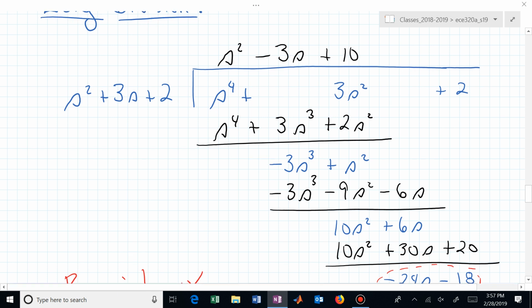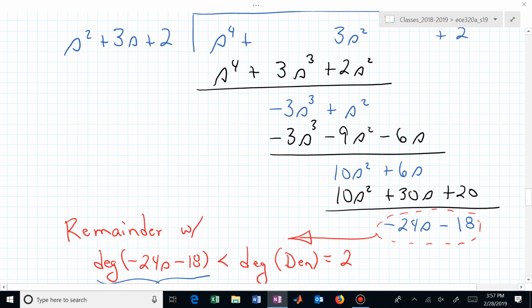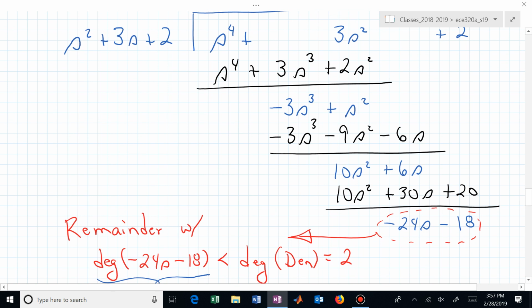I was really just giving you guys time to catch up. I could have scrolled through this really quickly, but I'm allowing you now time to write. Now we end up with our remainder, and we can compare its power or order, which is first order, to our denominator's power, which is second order, and now we can stop this process of long division. Now we can say, we have the terms we need plus the remainder that we're still going to have to divide by this denominator.